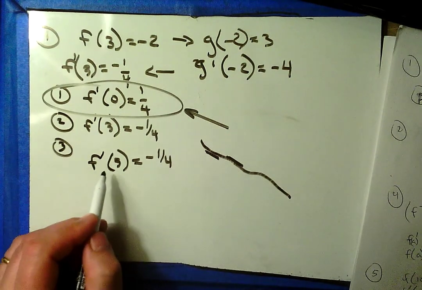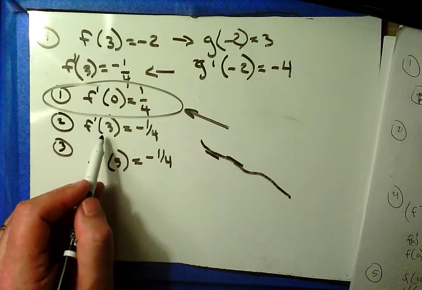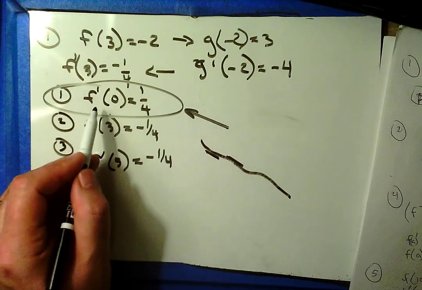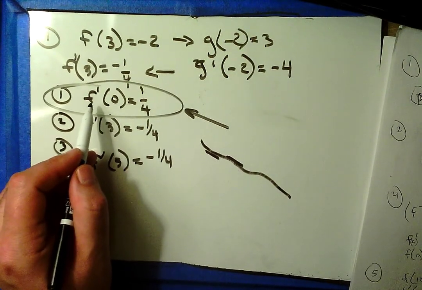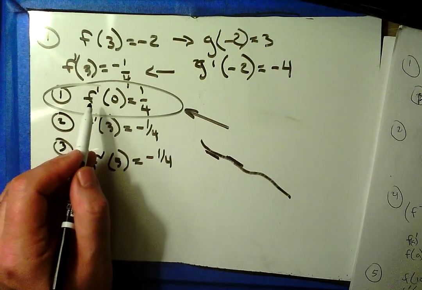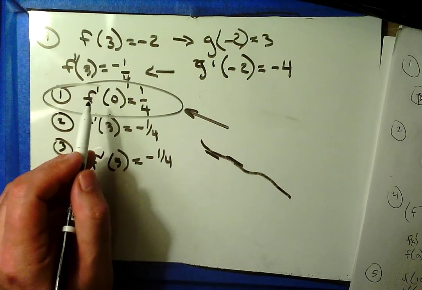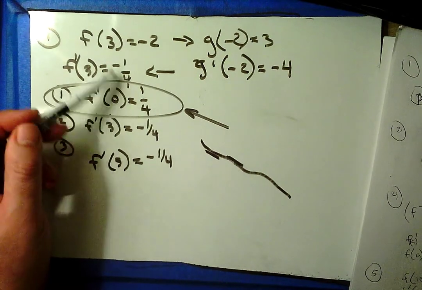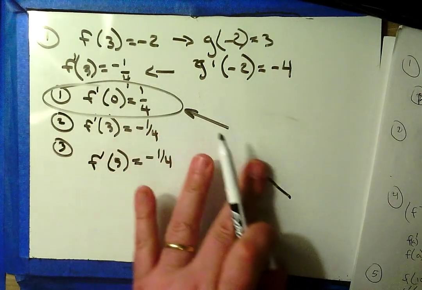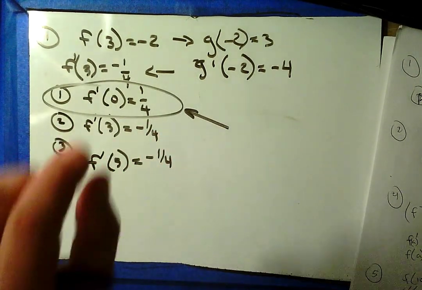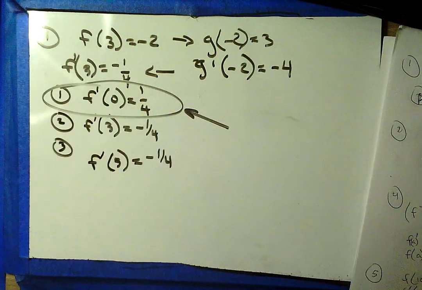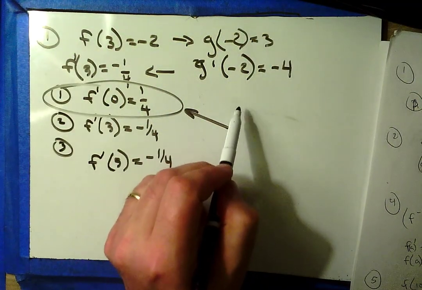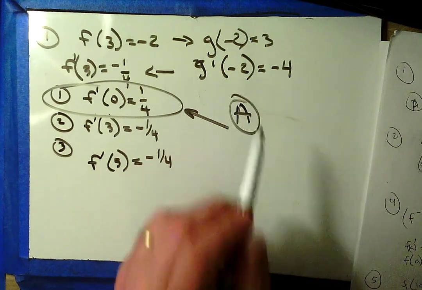So that can be true, that is true, and that can't be true because inverses are monotonic. They're either always increasing or always decreasing, and so they can't have opposite signs, or else we won't be able to pass the horizontal line test to make the inverse in the first place. So my answer here is A, 1 only must be false.